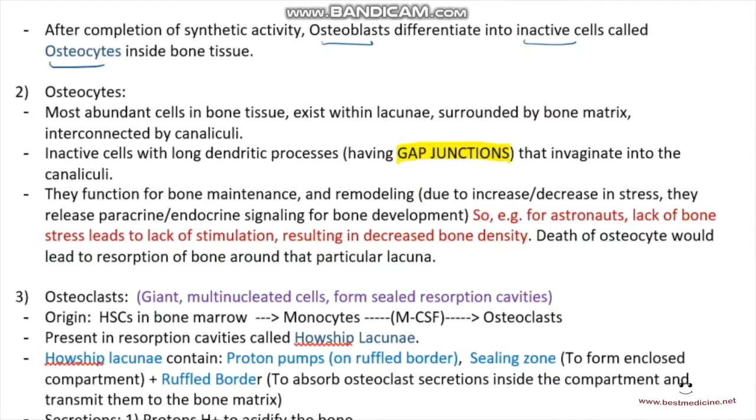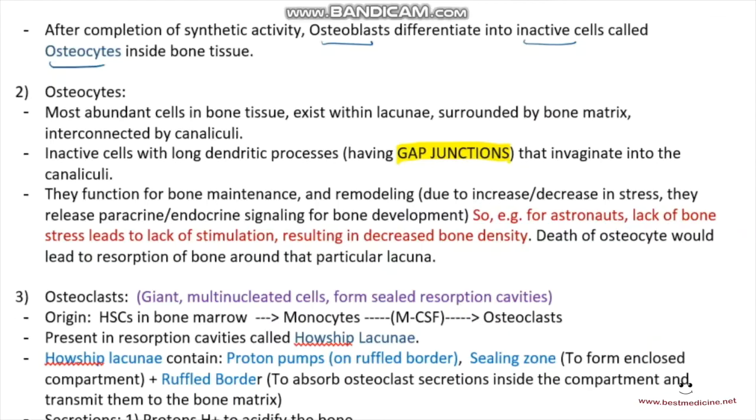A good example of this is in the astronauts. In astronauts, which are people in space, obviously, vaguely putting it, because they function under a very low or almost close to no gravity, they have this lack of bone stress, right? Because they're not bearing any weight, right?